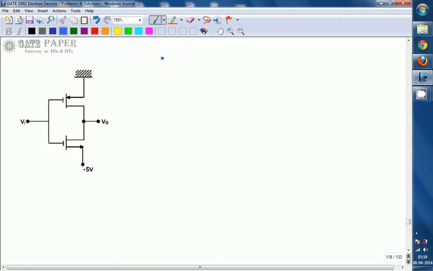The NMOS is on when VGSN is greater than or equal to VTN.